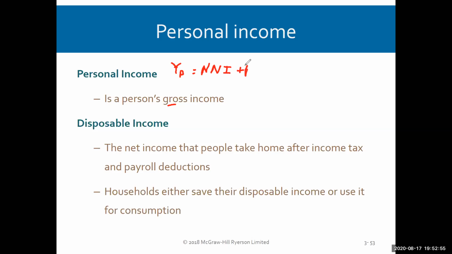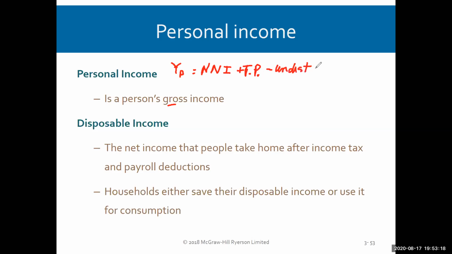And the reason you add transfer payments is because at first they're excluded because they're non-productive. There's no production that occurs in the economy. It's just something given to people. So we want to get that number back in because it's definitely part of their income. But then there's something called undistributed corporate profit tax. So I'll try and write as much as I can here.